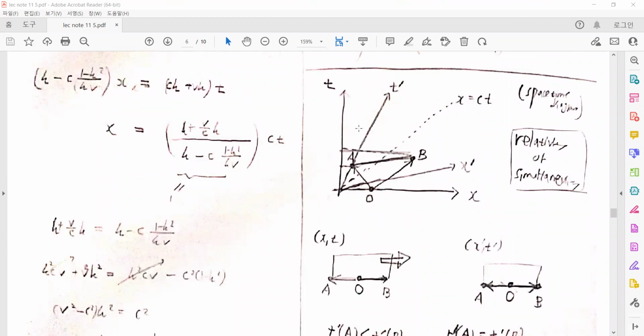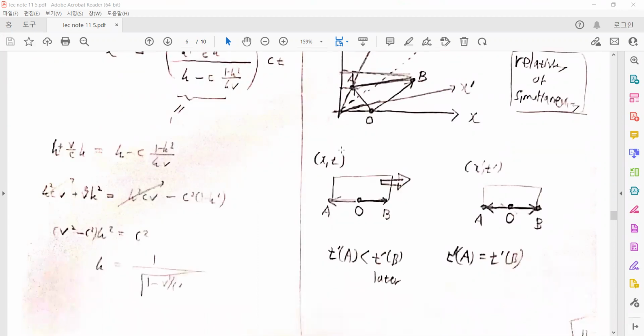The first one is the relativity of simultaneity.